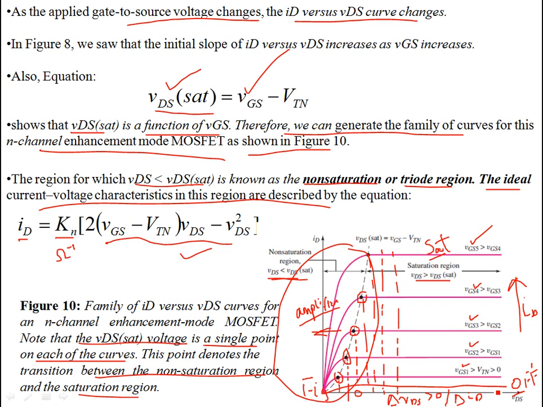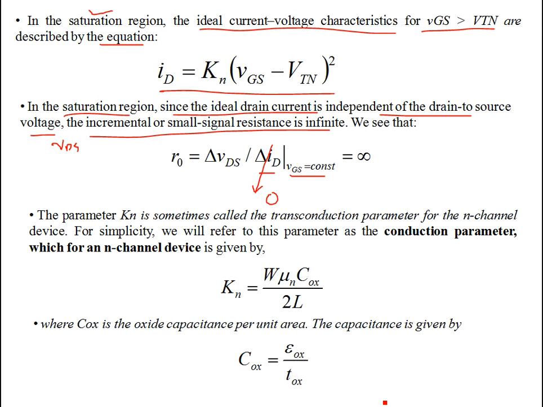The slope of the IV characteristic curve is 0 in the saturation region, or you can say the small signal resistance is infinite. So R naught, the small signal resistance in the saturation region for a small change in VDS, corresponds to an infinite resistance, because there is no change in ID, no change in drain to source current.